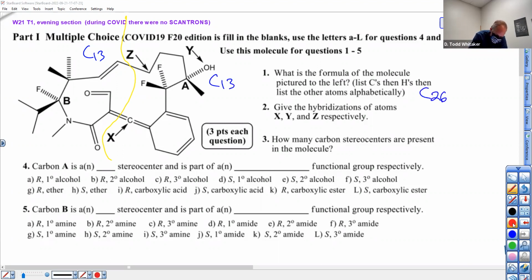H's equal red dots. Starting here, 1 red dot. See it? 1 red dot there. 1, 2, 3. 1, 2, 3. 0 below that. None. None.